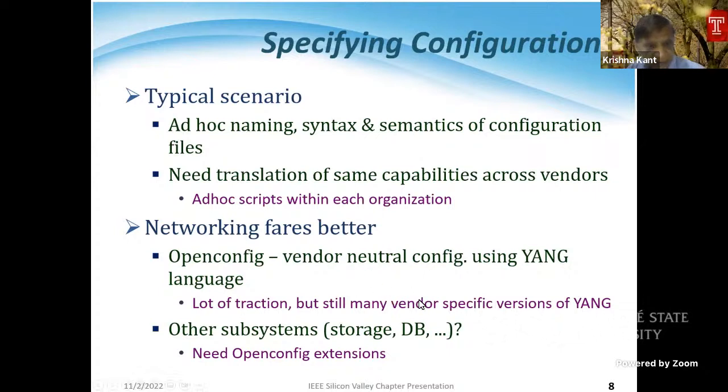Now, OpenConfig is mostly for networking. If you want to specify the configuration of storage systems, databases, or other non-networking systems, then once again, we don't have very good alternatives. Obviously, it is possible to extend OpenConfig and Yang to these other environments, but I'm not aware of much traction in terms of that kind of extension.